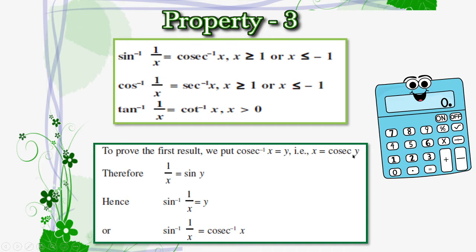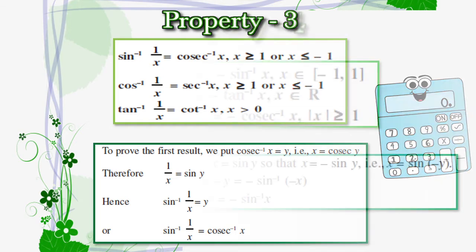Now, if we take the reciprocal, so 1 by x will be equal to 1 upon cosec y, which is sine y. Now, taking sine inverse to both sides, it will be sine inverse 1 by x equal to y. And what was y? y was cosec inverse x. So, it is proved. Same way you can prove remaining two results.